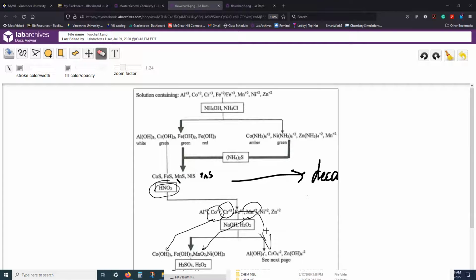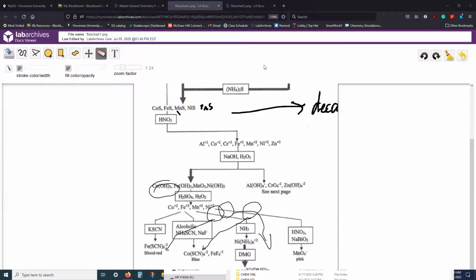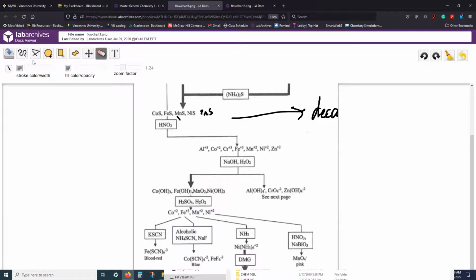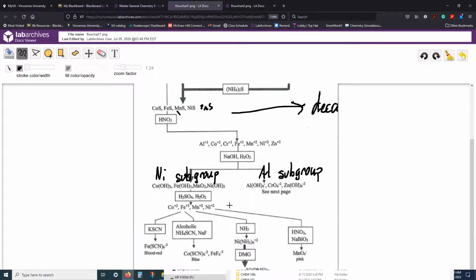And these other solids. And so this is where we split into our two subgroups. Over here on this side, we have what is known as the nickel subgroup. And on this side, we have the aluminum subgroup. Each one of these subgroups is going to have a different analysis. For the nickel subgroup, we are basically going to treat them all the same.